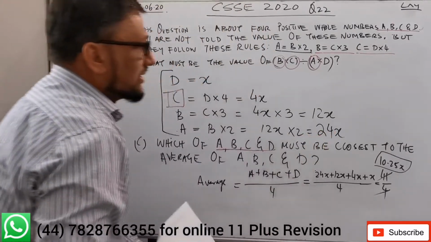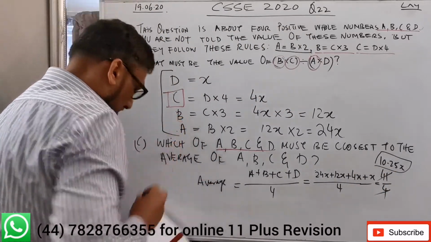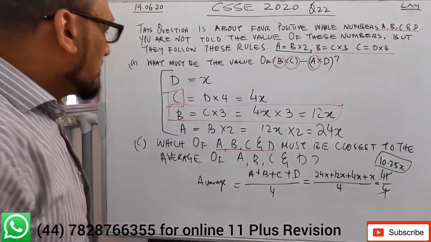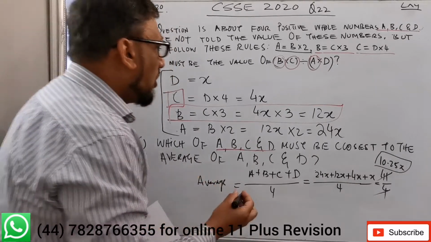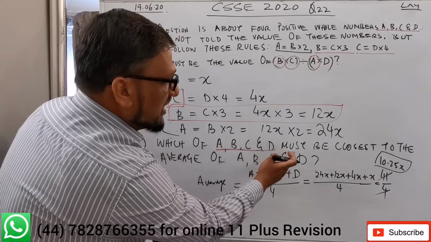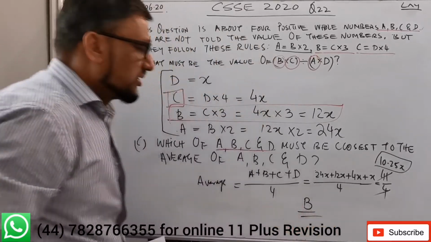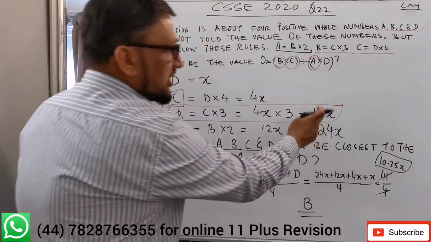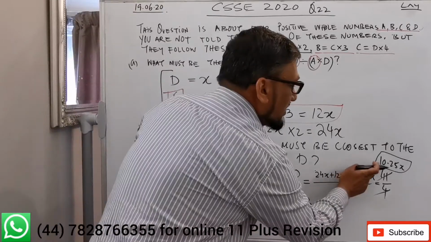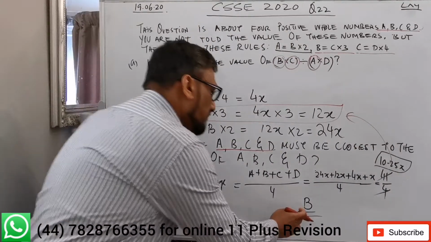So the final answer for part C is B, because the value of B, which is 12x, is closest to the average of these four numbers, 10.25x. That's why your answer will be B.